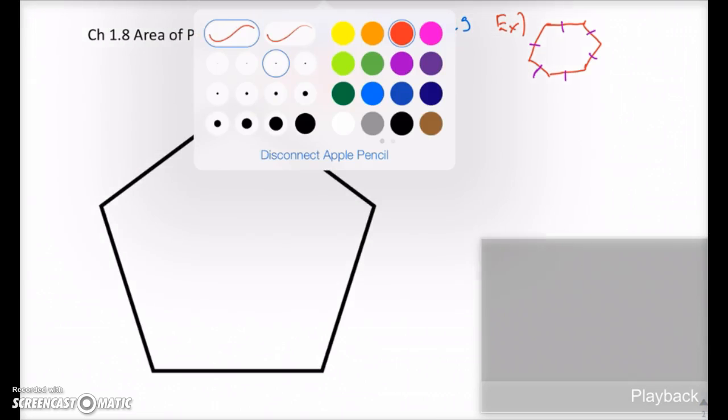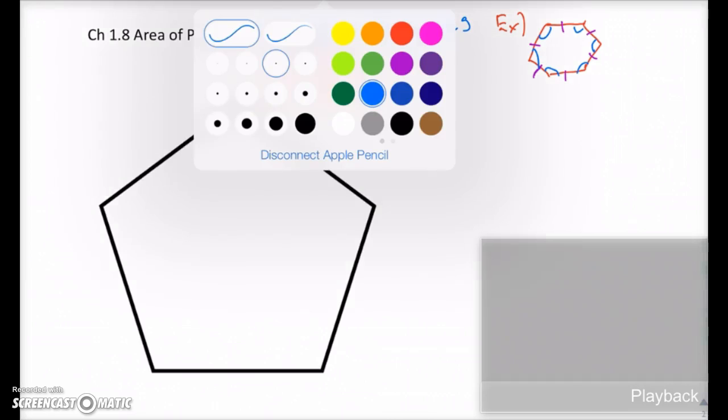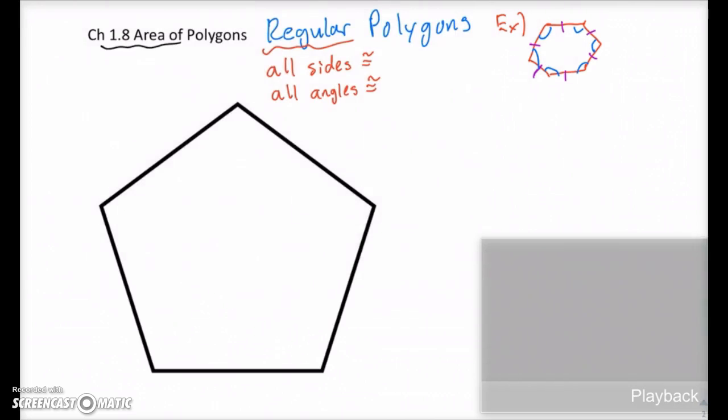Not only are all the sides congruent, all the angles are congruent as well.